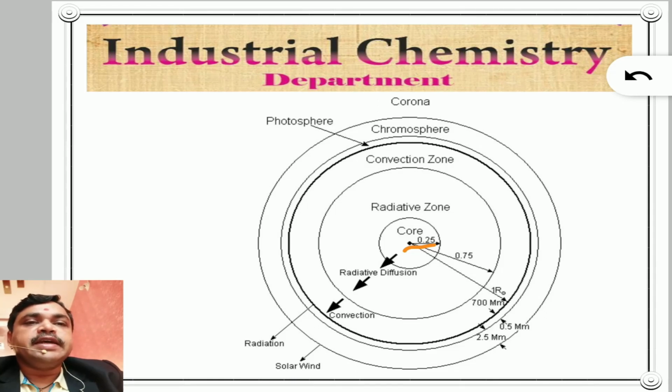We study here that its average temperature and density are 40 × 10^6 Kelvin and 10^5 kilogram per meter cube respectively at a distance of 0.75 R. From the center, the temperature dropped to about 1.3 × 10^5 Kelvin and density 70 kilogram per meter cube. The outermost layer of this zone is called the photosphere.